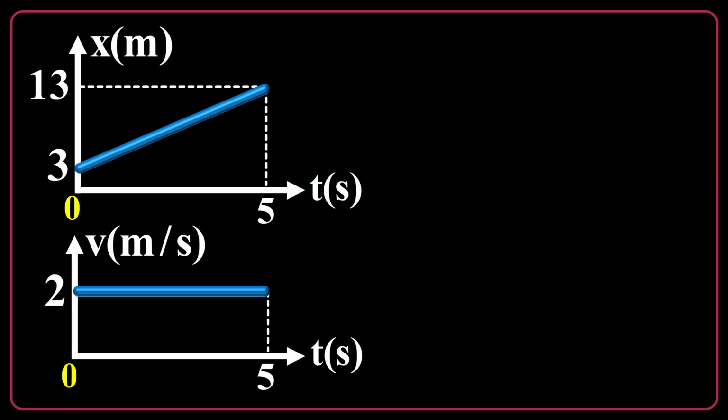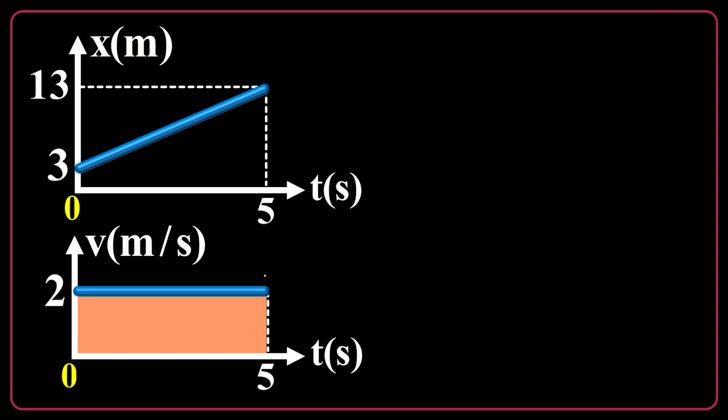It is not something that important. You know that. But I'm going to tell you something very, very elegant. Look at this, the VT graph. Here I have a VT graph, which is a horizontal line, and I can calculate the area under the graph, meaning the area confined between the graph and the horizontal axis, this colorful part.